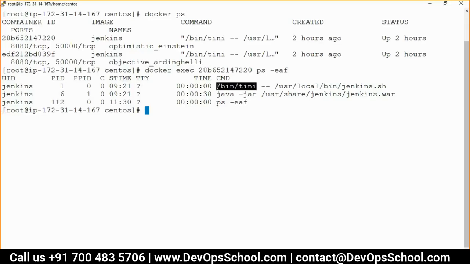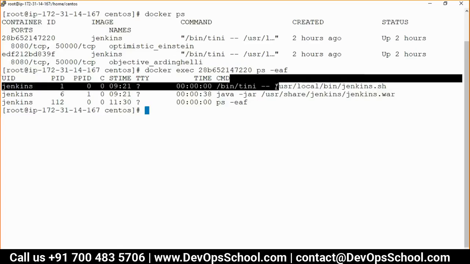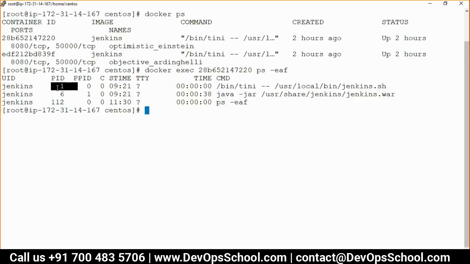Here it can be anything, not systemd: bin bash, bin java, Perl, Python, whatever. As long as this is running, the container is in running state, up. If PID1 gets exited, the container gets exited. So this is the relation.